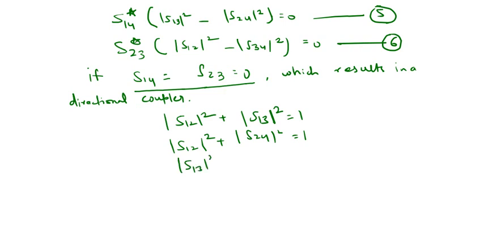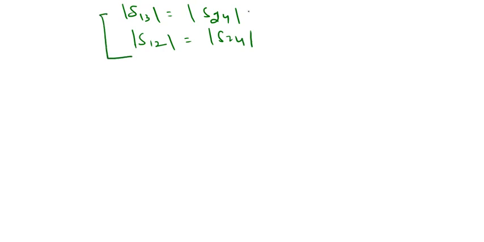Modulus of S13 square plus modulus of S34 square is equal to 1. Modulus of S24 square plus modulus of S34 square is equal to 1. So these are equations, and it implies that modulus of S13 should be equal to modulus of S24, and modulus of S12 is equal to modulus of S34. These two equations we are getting.